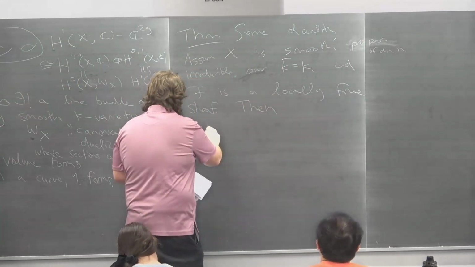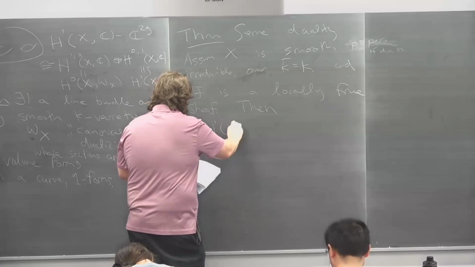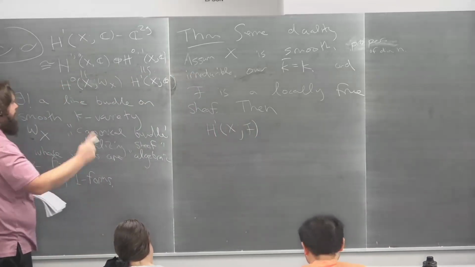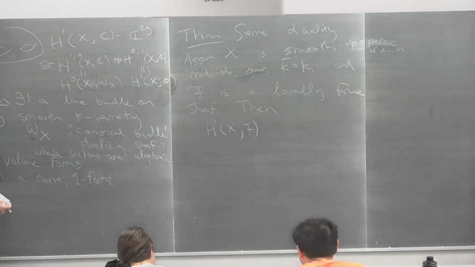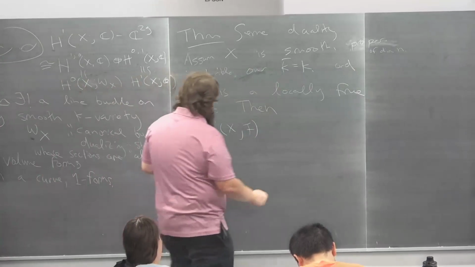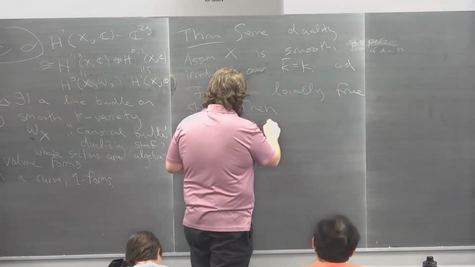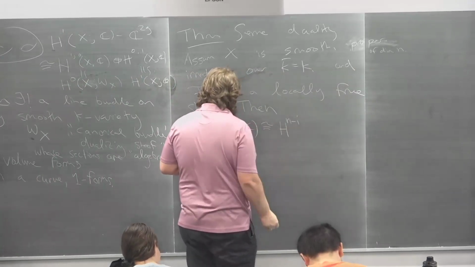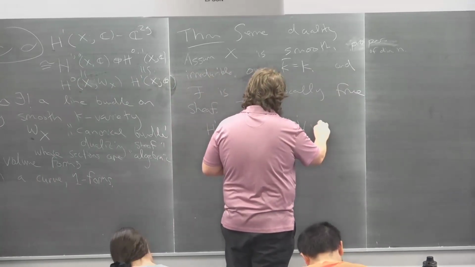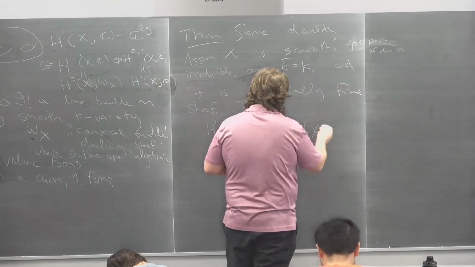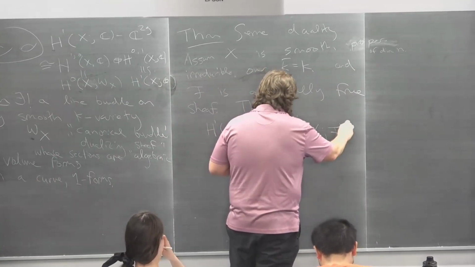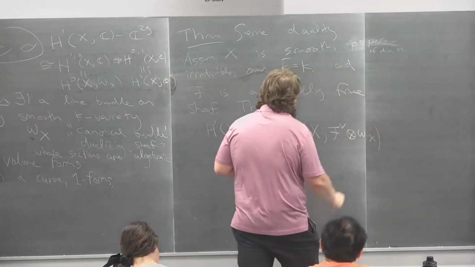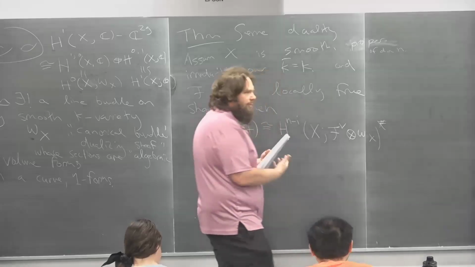Then the cohomology of F on X, where I have a locally free sheaf, is isomorphic to the n minus i sheaf cohomology of F dual tensor the canonical sheaf, and take the vector space dual of that.